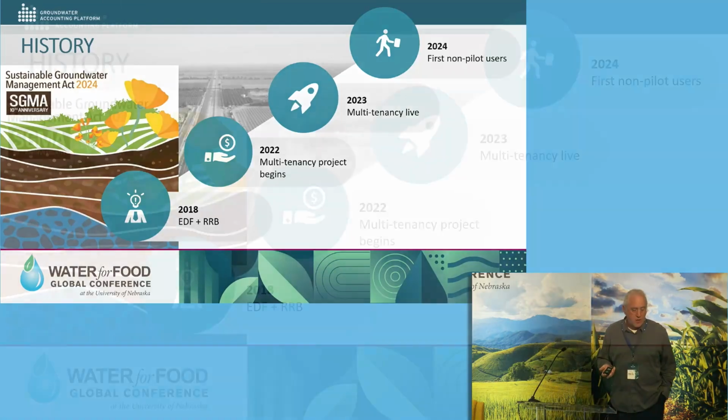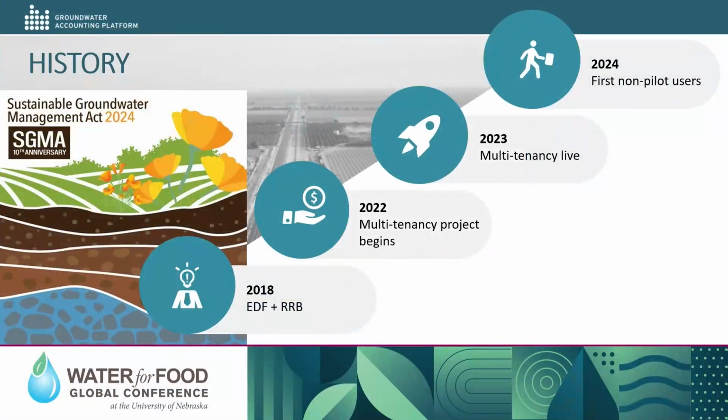And just a real quick bit of history following the implementation of SGMA. The original groundwater accounting platform was developed with EDF and one small water storage district called Rosedale Rio Bravo in Kern County. But in 2022, we were able to embark on a much larger project thanks to funding from the state of California through the Department of Water Resources and the State Water Resources Control Board.